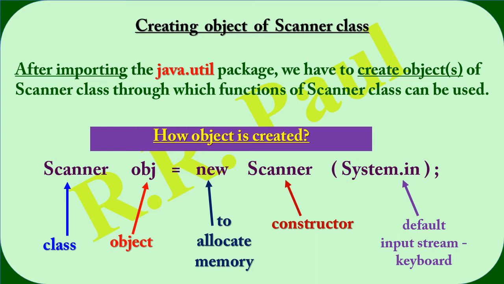You can see System written with capital S. Scanner is also written with capital S. So this is the statement that you have to write down in order to create the object, and then this obj can be used to input the values, different types of values, and we'll see how we can do so.